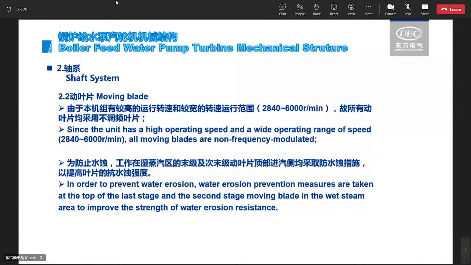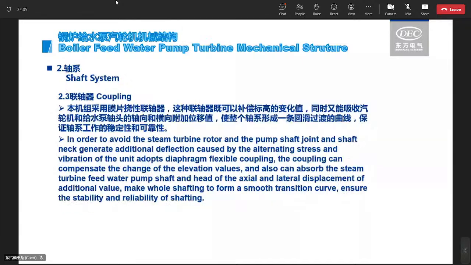This unit adopts a diaphragm-type flexible coupling.